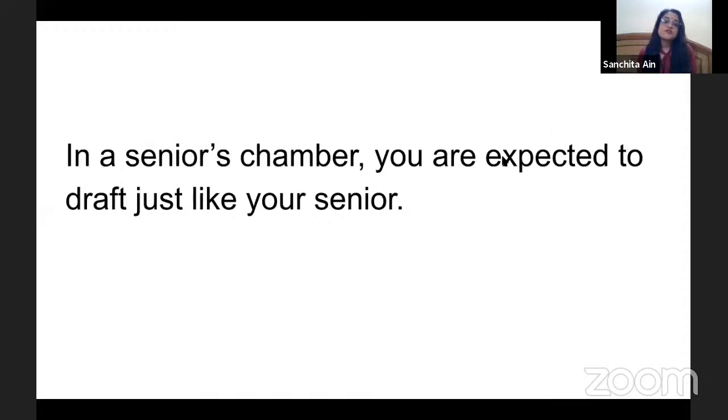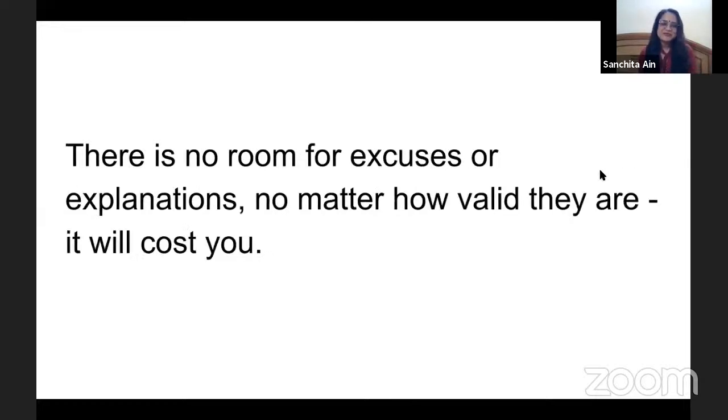You're expected to draft just like your senior. So when he goes through a draft, he'll be like, oh, it's not up to the mark. Do it again, or redraft it. Do whatever, just bring something better. That's what happens. There's no room for excuses or explanations, no matter how valid they are. It can cost you your job.